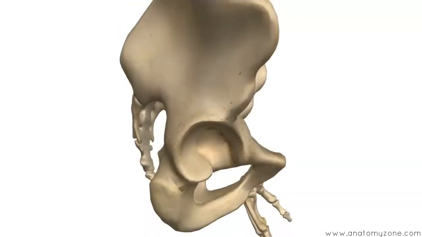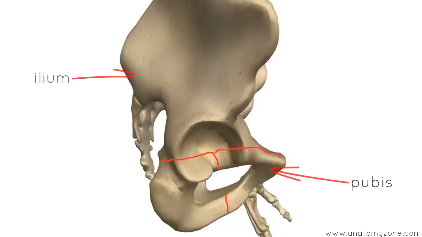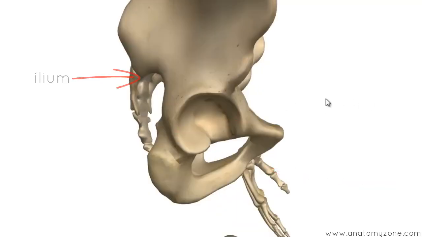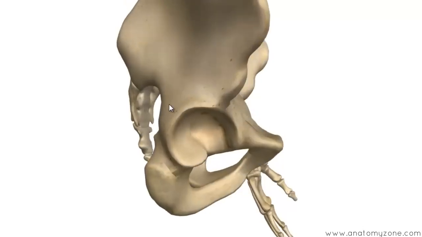We're just looking laterally at the hip here, and I'll show you where the ischium lies. This is the ischium, posteroinferiorly. This side here is posterior, and this is anterior. Anteriorly you've got the pubis, and above you've got the ilium. If I rotate the model round again, we can look at it medially.